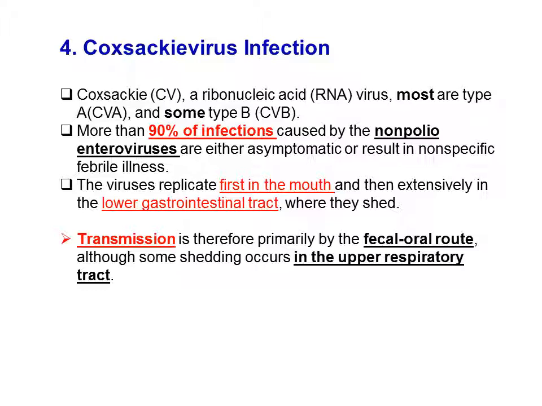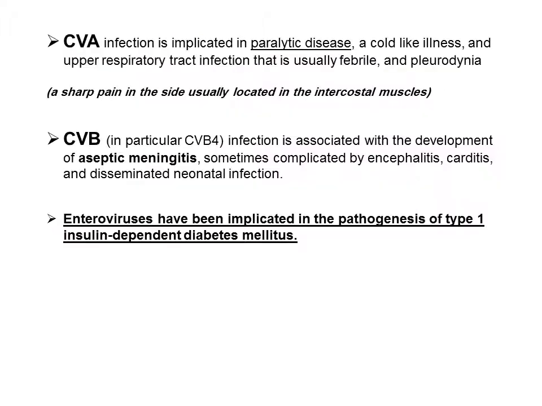The viruses replicate first in the mouth and then extensively in the lower GI tract where they shed. What is the mode of transmission of this virus? It is primarily by the fecal-oral route, although some shedding of the virus may occur in the upper respiratory tract.